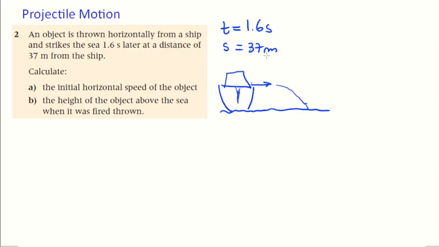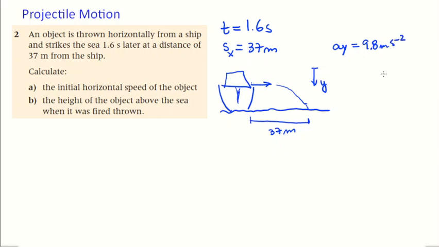So we know that it lands a distance of 37 meters from the ship, so this is Sx. And we know our acceleration, right? Let's call it positive downwards, so Ay is 9.8 meters per second squared.